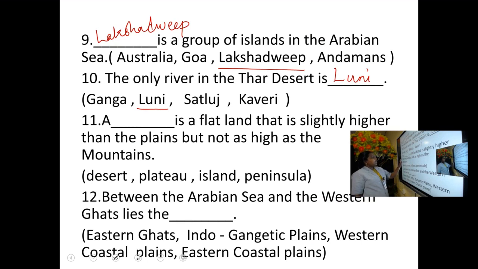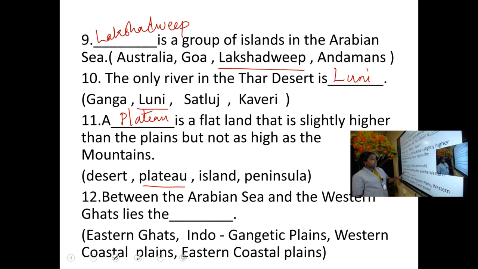Now, 11th one, a dash is a flat land that is slightly higher than the plains but not as high as the mountains. The options, desert, plateau, island, peninsula. The answer is plateau. The plateau regions are higher than the surrounding lands.